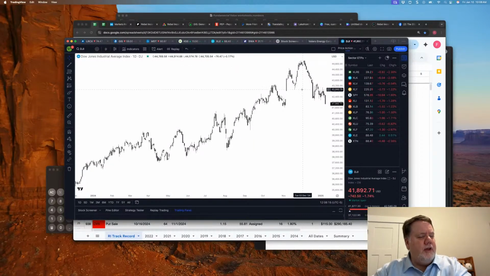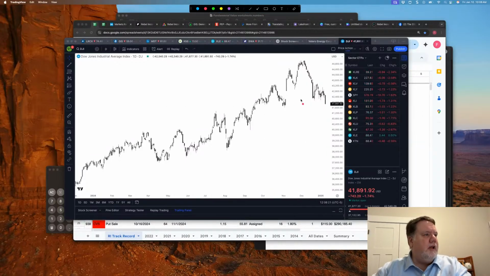you can see the same thing happening with the Dow Jones. Again, here's where pretty significant support is, and we see momentum today clearly picking up. The Dow Jones is down about 2% so far.